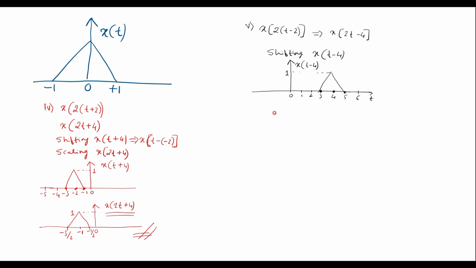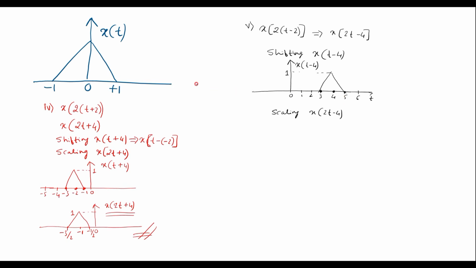So now we'll perform scaling operation, that is x of 2t minus 4. So x of 2t minus 4 is obtained from x of t minus 4 by compressing this signal by 2 units, that is each time point is divided by 2. So this point will be 0.5, this will be 1, this will be 1.5, this will be 2, and this will be 2.5.